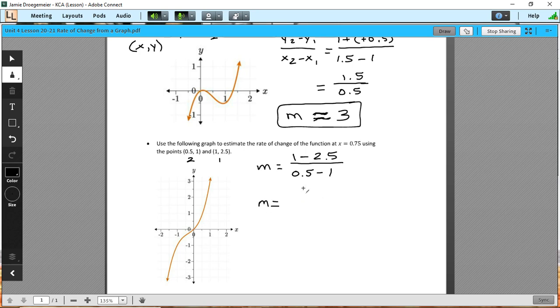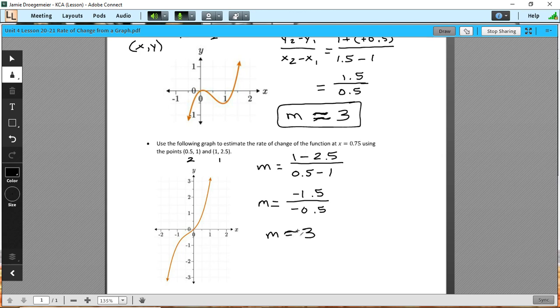All right, now we need to do our subtractions. 1 minus 2.5 would be negative 1.5. 0.5 minus 1, that would be negative 0.5. And so again, we have negative 1.5 divided by negative 0.5. So negative divided by negative, same signs, that's going to be positive. 1.5 divided by 0.5 is 3.